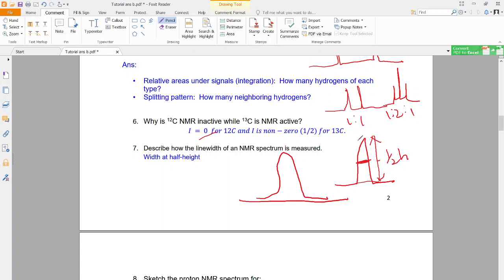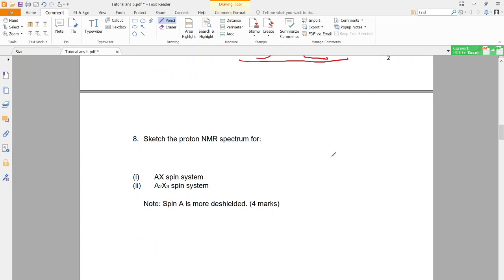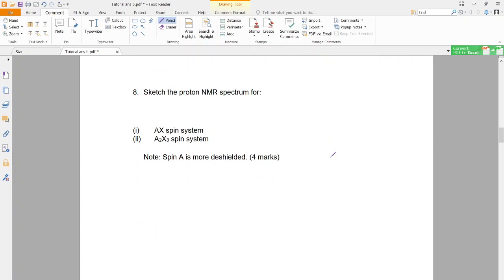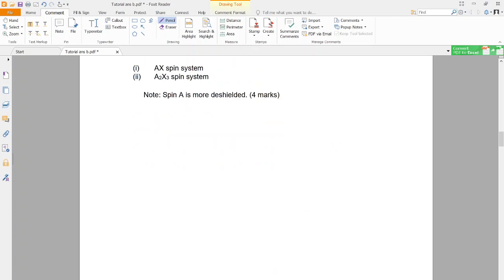Next, since we talk about splitting patterns, sketch the proton NMR spectrum for an AX spin system. How will that look for this AX spin system? Remember, this is when you need to look back at the lecture notes.